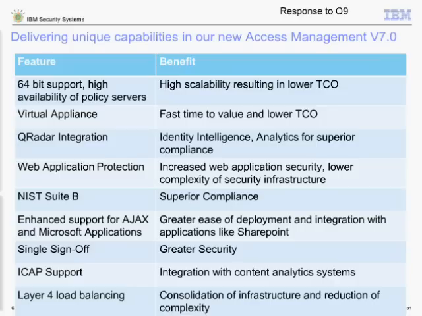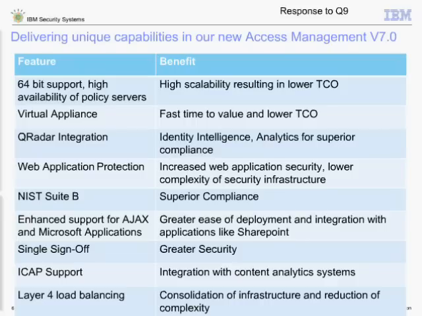If you go to slide number 6, this gives you a detailed account of the new capabilities within our access management for web version 7.0. The first feature it contains is 64-bit support with high availability for policy servers, which gives you the ability to lower the total cost of ownership for your organization.